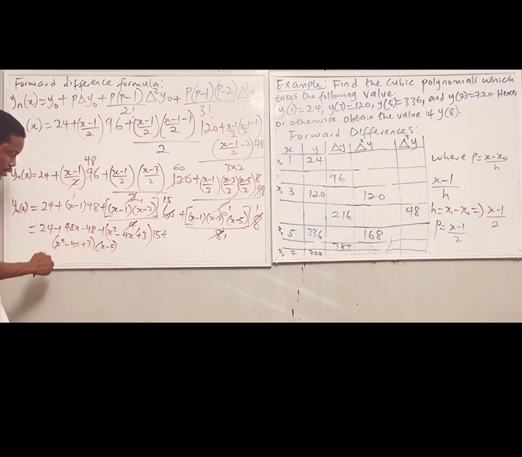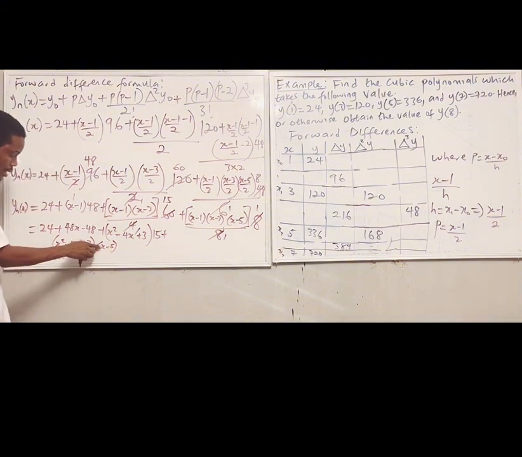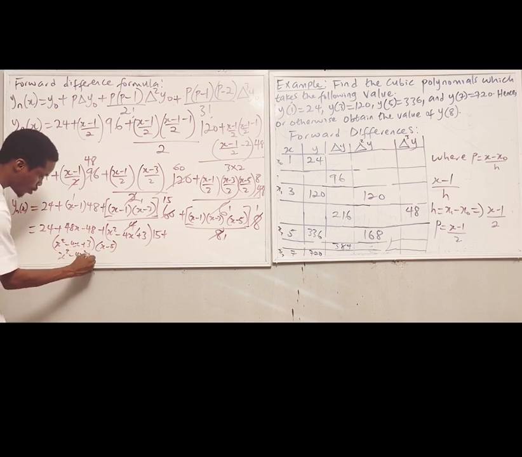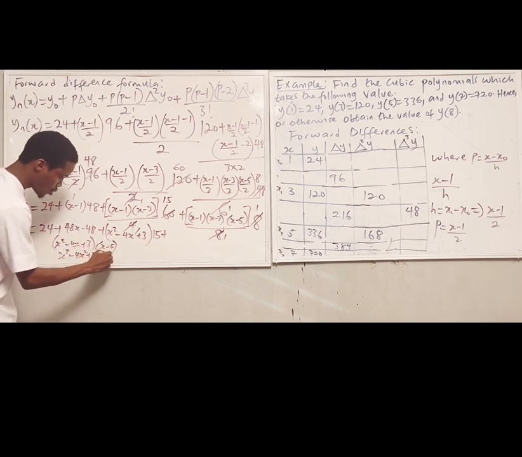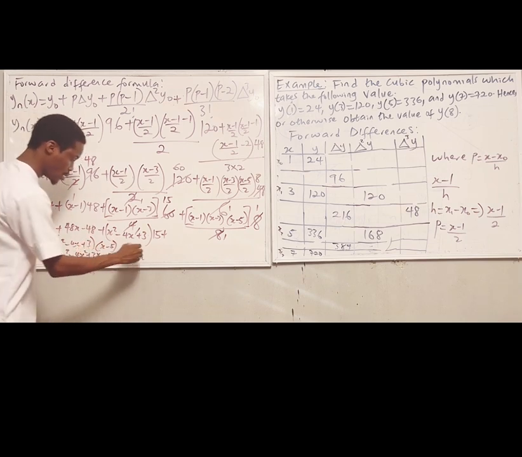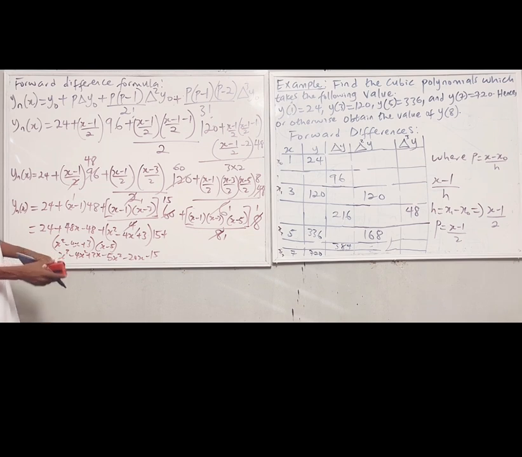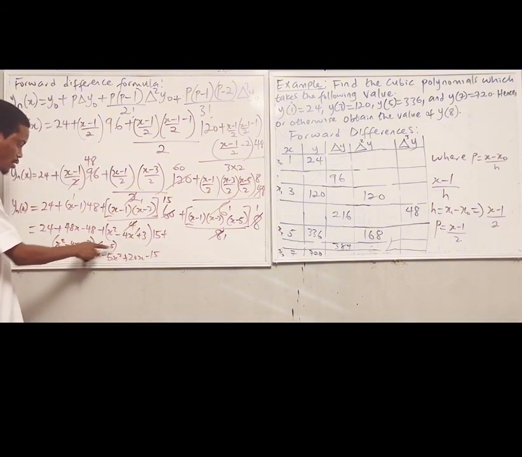So it means s will multiply this one. If s multiplies all this, I'm going to have s cubed, that is s to the power 3, s times s squared, s to the power 3, minus 4s squared plus 3s. Minus 5 will open the next bracket. 5 times s squared, I'm going to have minus 5s squared, minus times minus is plus, 5 times 4s is 20s.